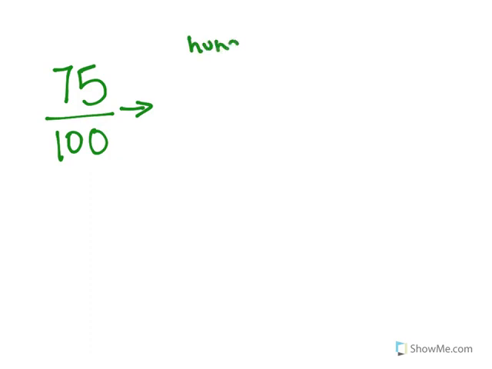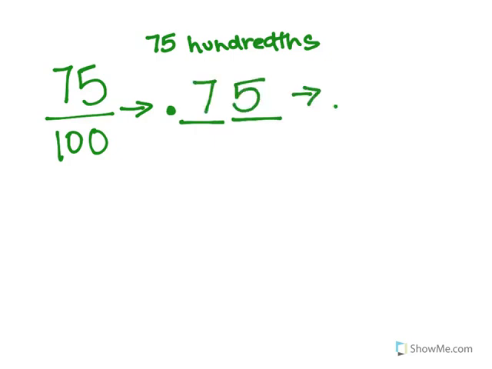Okay, let's try another one. Let's do 75 100ths. So I can see that this is in the hundredths place. And there's 75 of them. So that means I put my decimal point, I put my line for my tenths place, then my hundredths place, and I write the 75 above it, so it becomes 0.75.